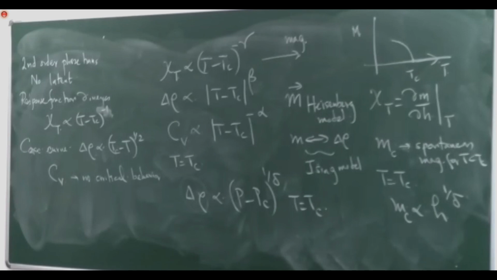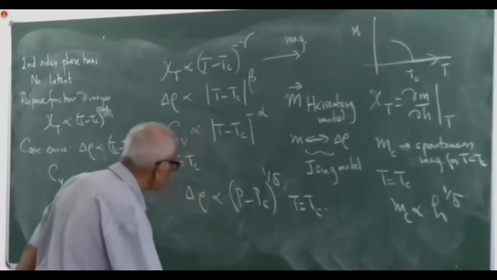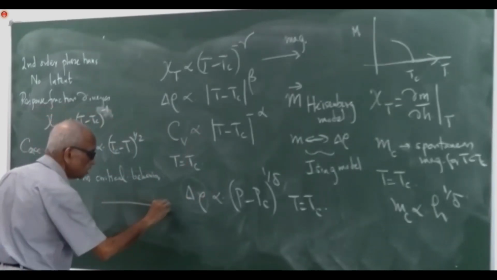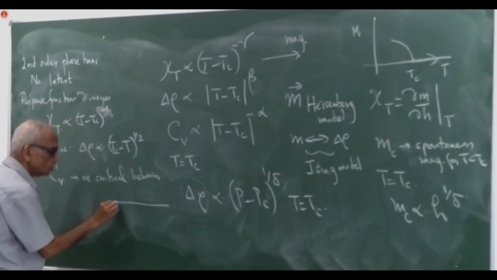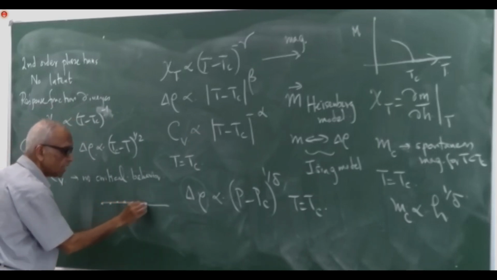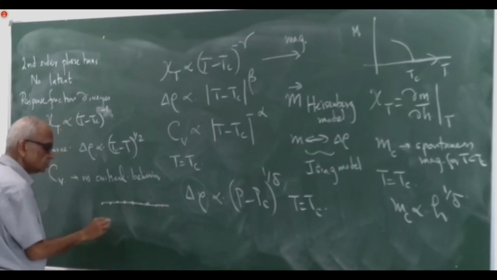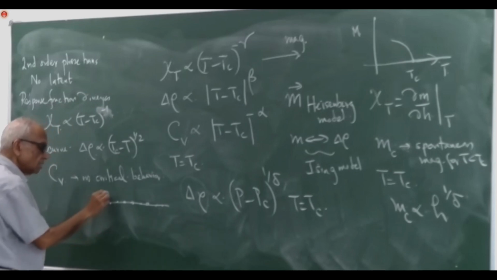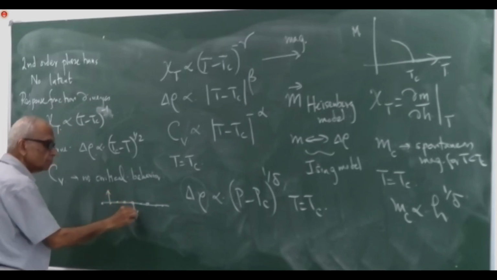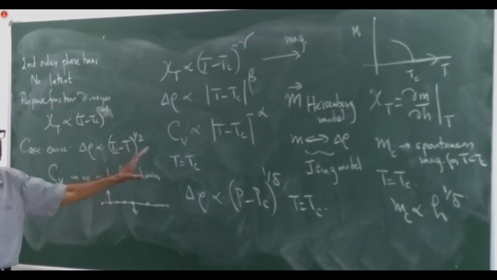Here is a one-dimensional line on which magnets are sitting at various sites, and the Ising magnet can only point up or point down. That is the Ising case, which is like the liquid-gas.